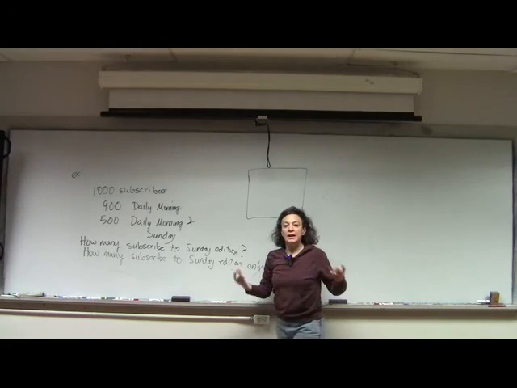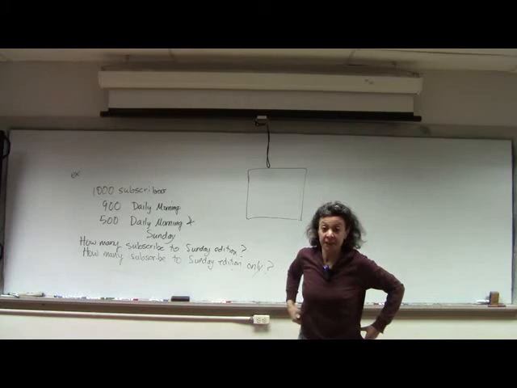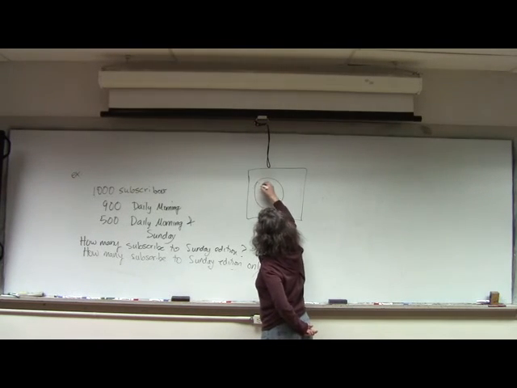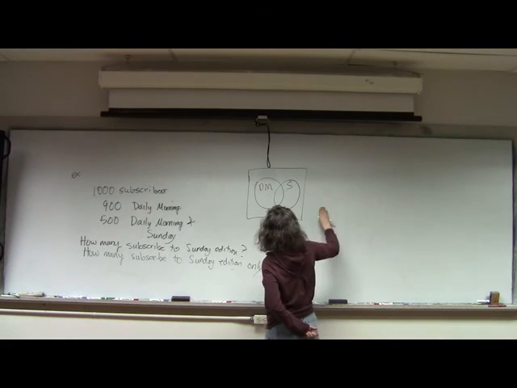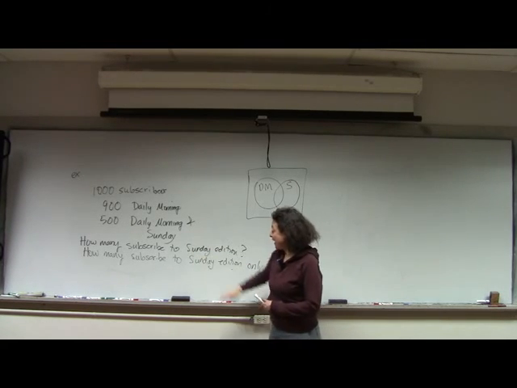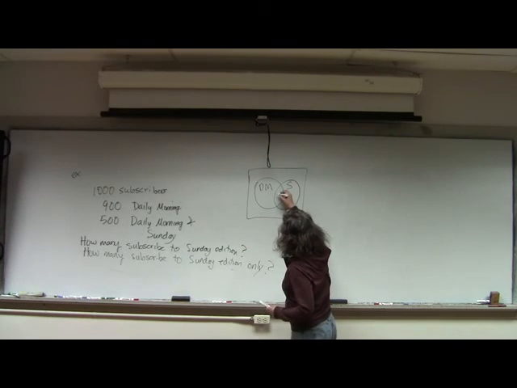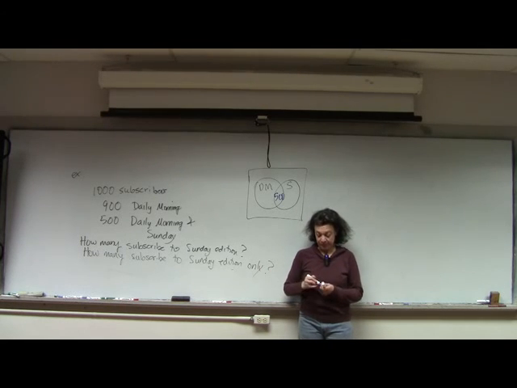Whenever we draw Venn diagrams, we draw our box. That's our universe. So, what do we have here? We've got the daily morning people, and those are our Sunday people. All right. Well, we're given that 500 subscribe to both, so we have 500 smack dab in the middle here.